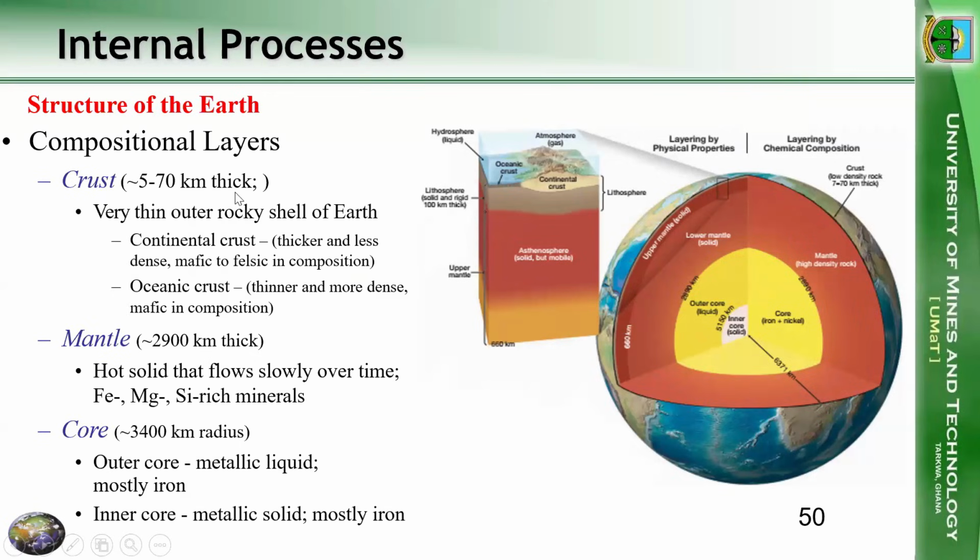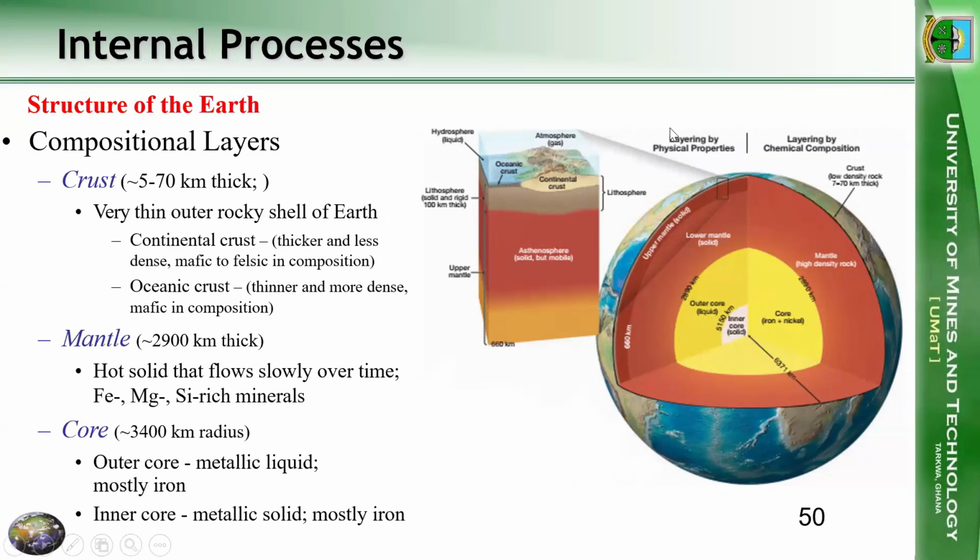The crust is composed of two components. We have the very thin outer rocky shell of the Earth. We can talk about the continental crust and then the oceanic crust.